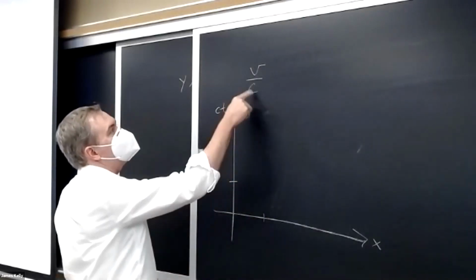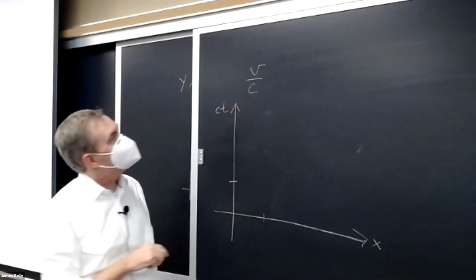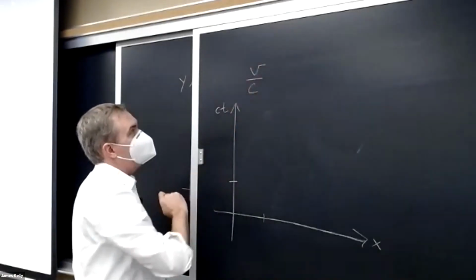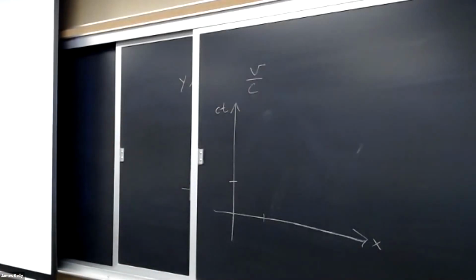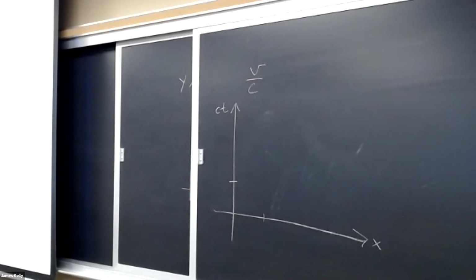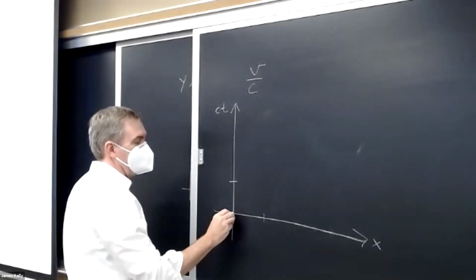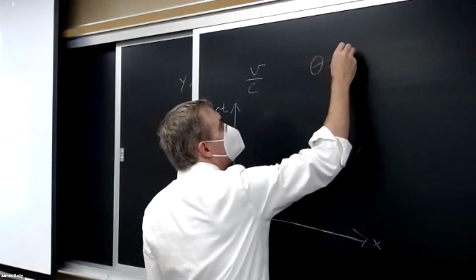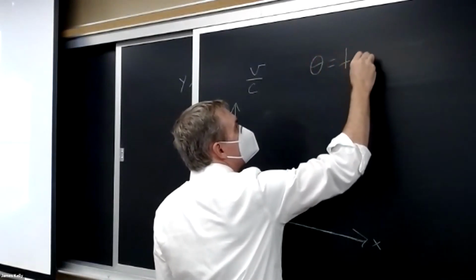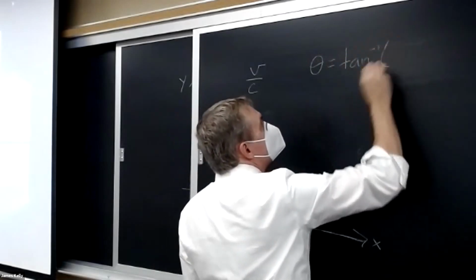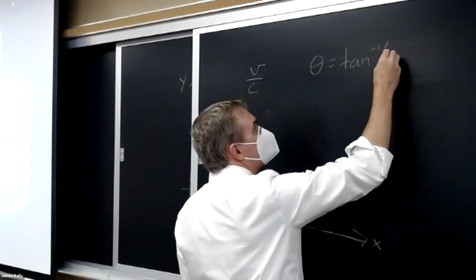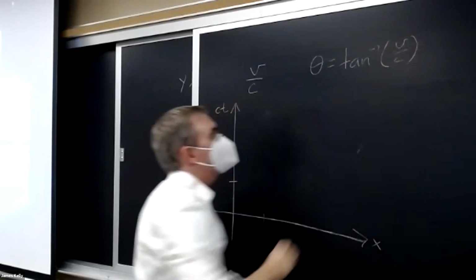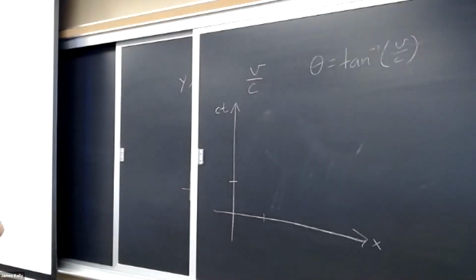And I want to know if there's another frame moving with respect to mine at speed v, so v over c, if v is 0.9 c, then v over c is 0.9. Then I can always just use a ruler if you don't want to use the protractor and calculate that angle that we should tilt the second IRF's time axis from the vertical and x axis from the horizontal by taking the inverse tangent of v over c. That's how I've been doing it in class.